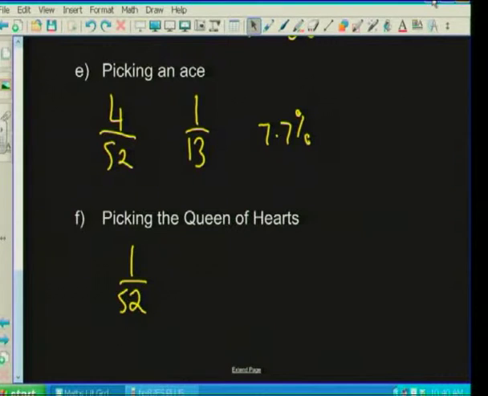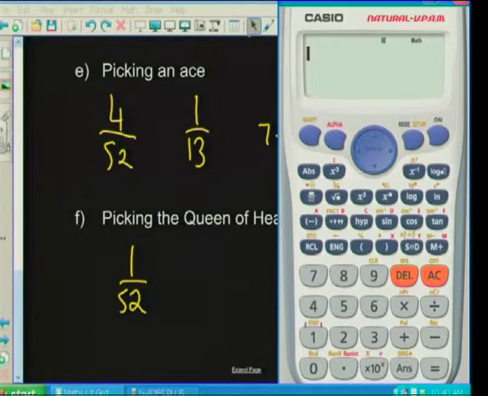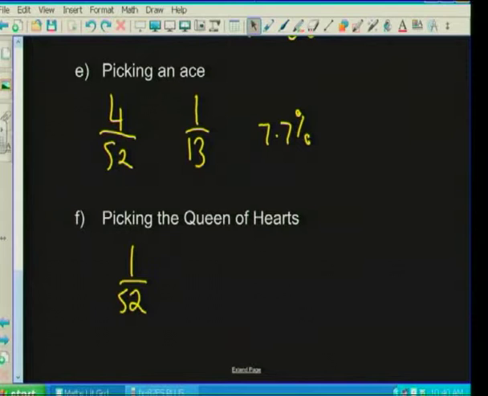All right, and to calculate this percentage, let's just go back to the calculator one more time, and 1 divided by 52 is equivalent to, and we'll multiply that by 100, and that's 1.9%. So let's just close down there again. So this equals 1.9%.